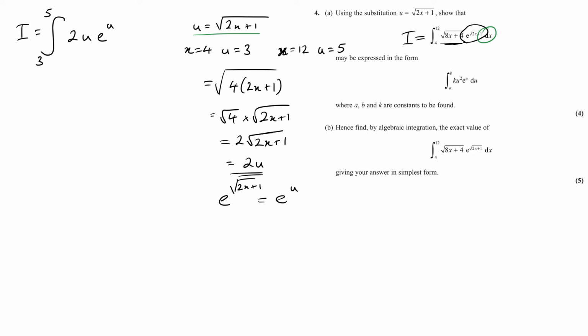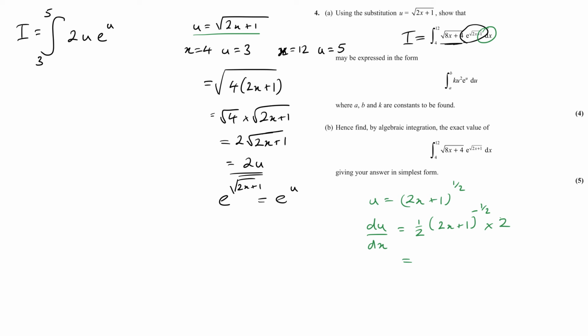Yeah. So if we look at u equals 2x plus 1 to the power a half, then what we can do is differentiate. So du by dx equals 1/2 times 2x plus 1 to the minus a half, and then times that by the inside differentiated, which is 2.